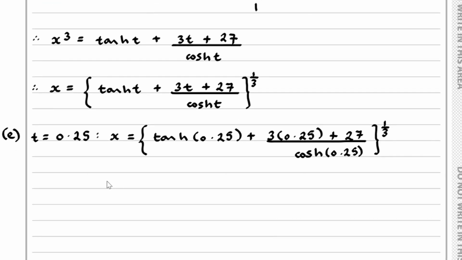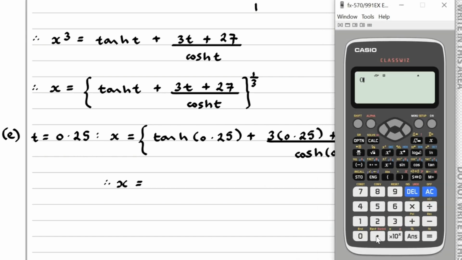So if I find out what x is at t equals 0.25, we've got tan of 0.25 plus 3 lots of 0.25 plus 27 over cos of 0.25, and then we raise this to the power of 1/3.